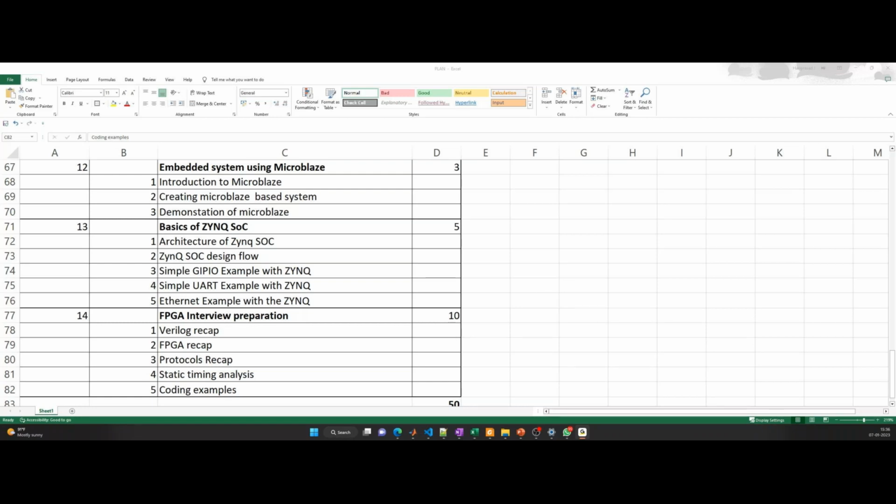Yes, if you are in PD, it will be helpful. It's not completely an ASIC flow. ASIC PD is an ASIC flow, but here it is an FPGA flow, like product development.